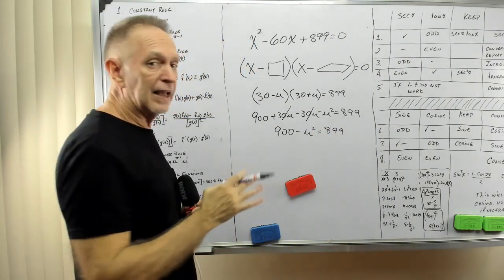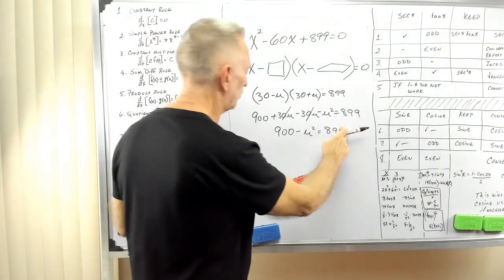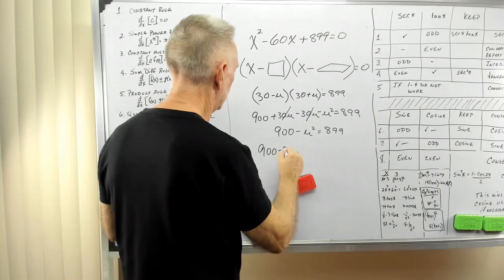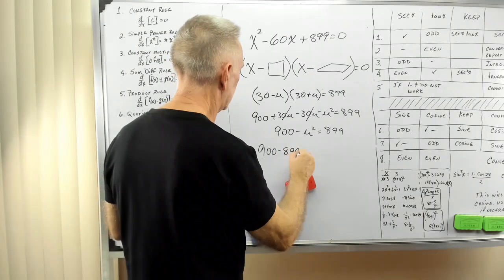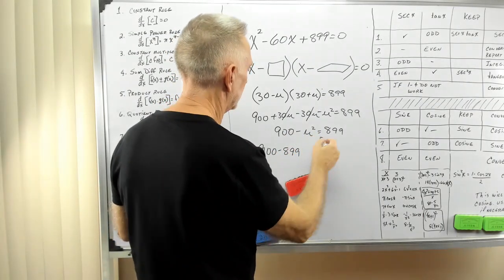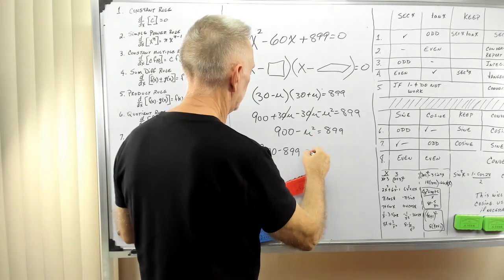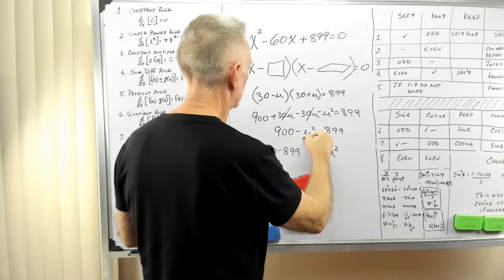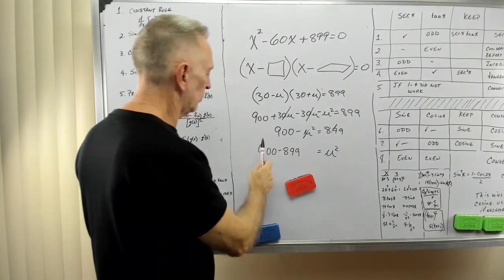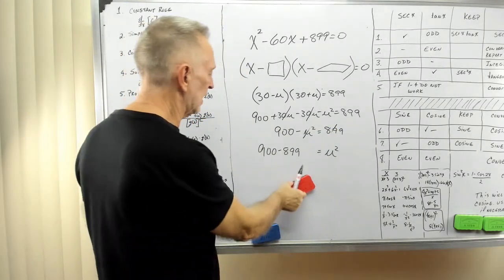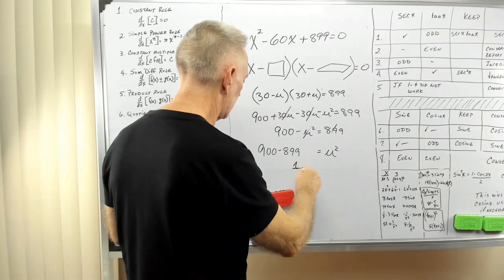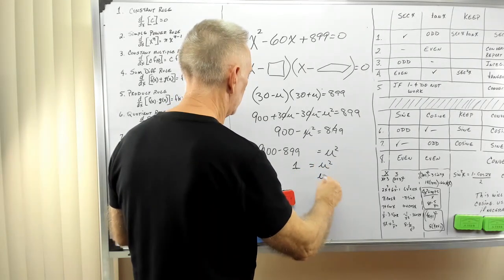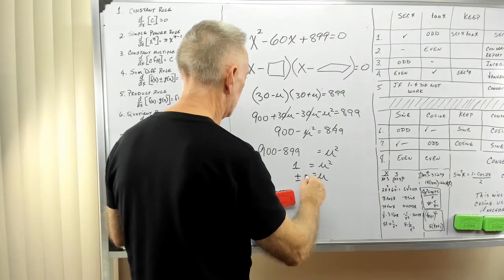If I subtract 899 from both sides, and then add u squared to both sides, so that u squared would cancel. So 900 minus 899 is 1. 1 equals u squared. So u equals plus or minus 1.